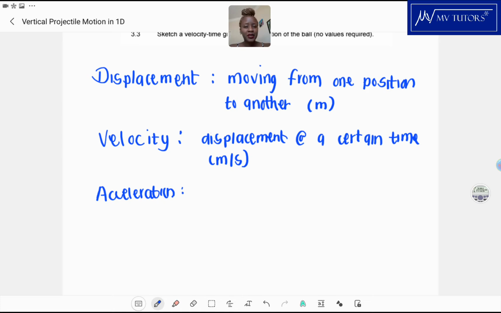If I were to speed up, that is the change in velocity. If I were to slow down, which is deceleration, that is also a change in velocity. But if I'm always walking 1 meter per second, that is constant velocity. So whenever you have constant velocity, there is no acceleration. The definition of acceleration is the change in velocity.